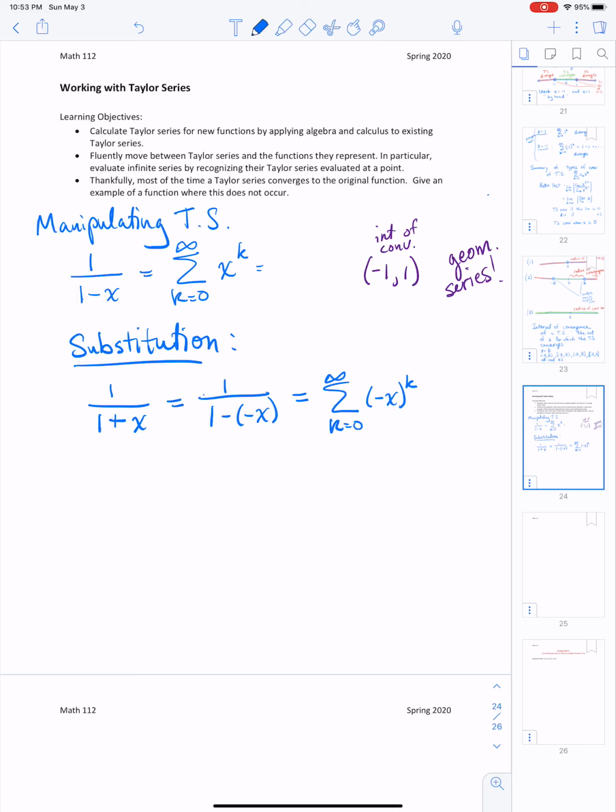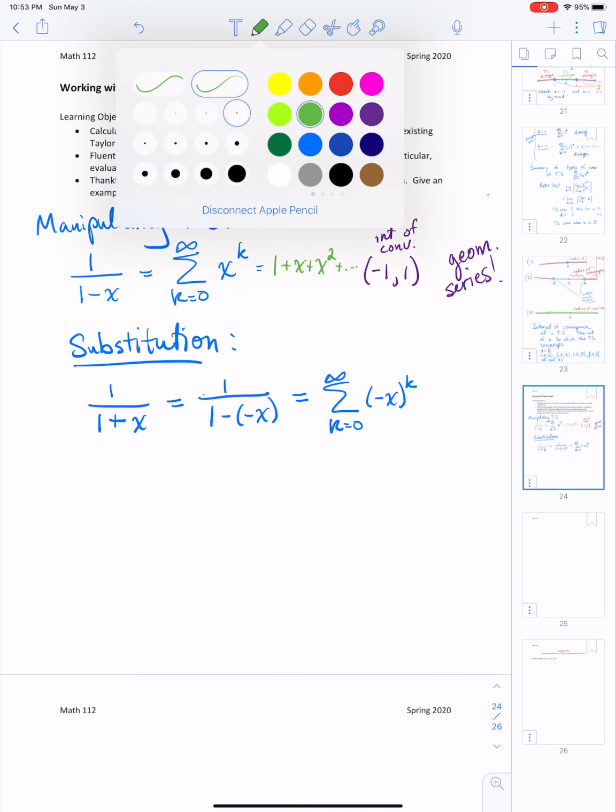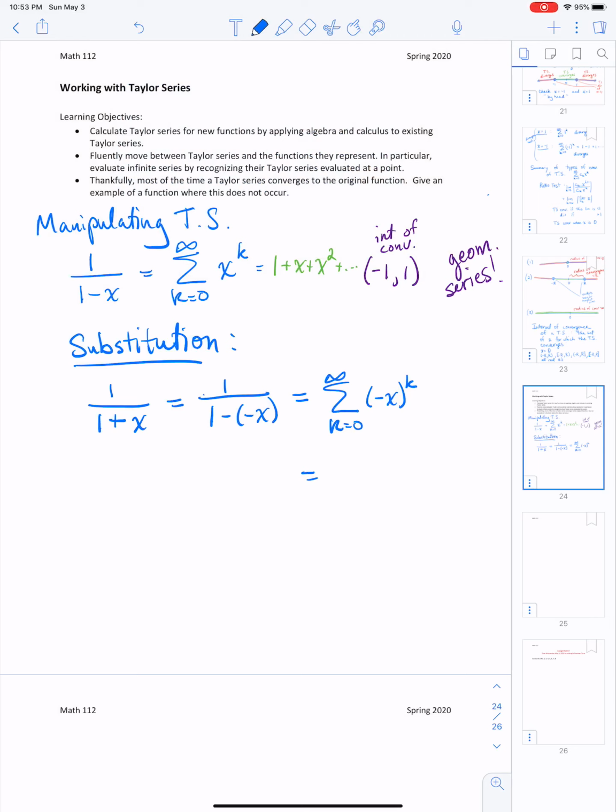So let me go back up above and write out some of the terms for 1 over 1 minus x: 1 plus x plus x squared plus dot dot dot. If I want to write out the terms of this new Taylor series, they are going to be 1 minus x plus x squared minus x cubed, and so on.